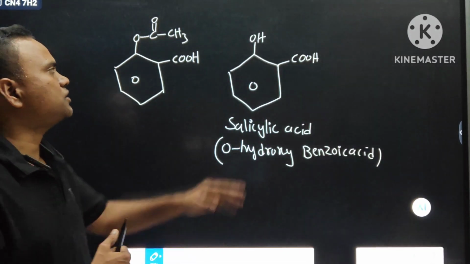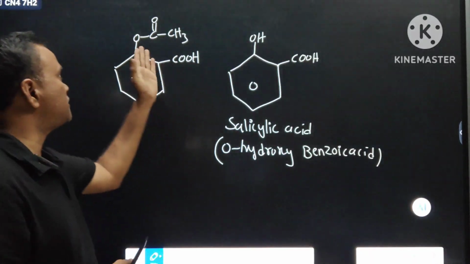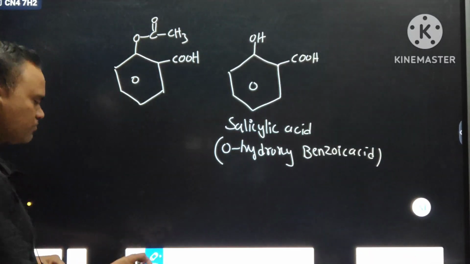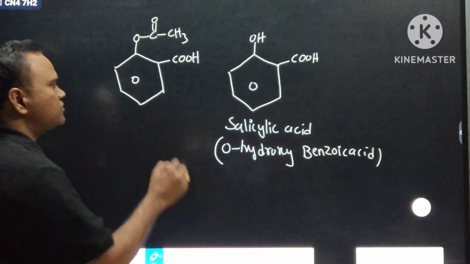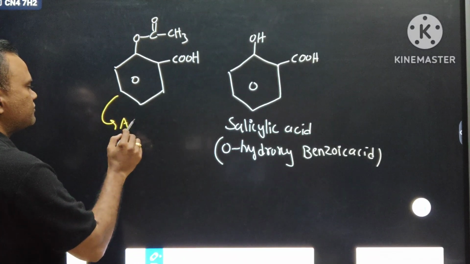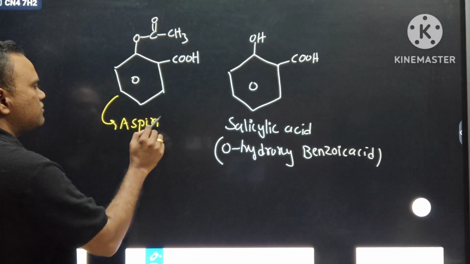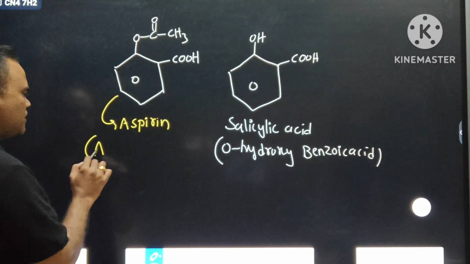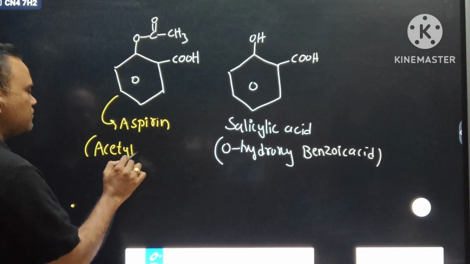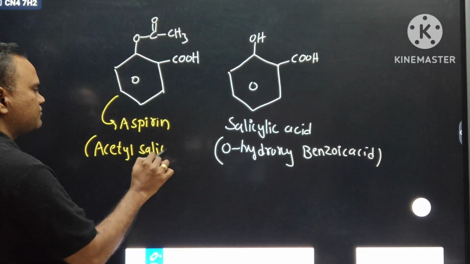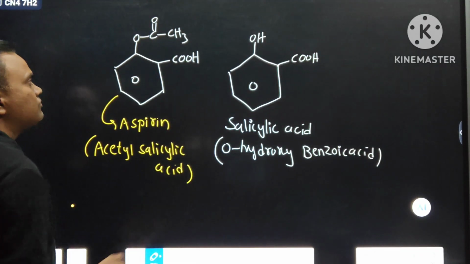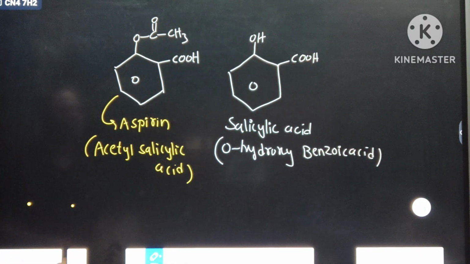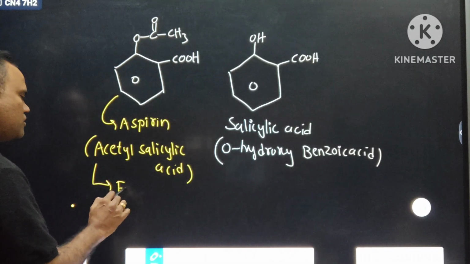In salicylic acid, if you remove hydrogen and place acetyl, that is called aspirin. Analgesic, it reduces body pains. Aspirin, acetyl salicylic acid. Number of functional groups in aspirin: what are the functional groups?